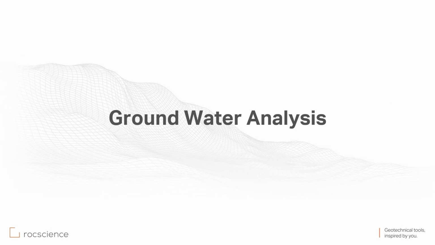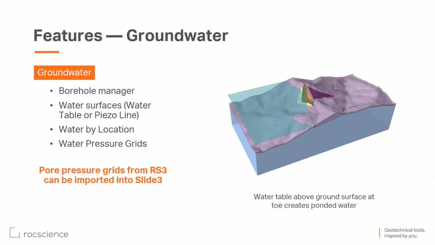Let's talk about the groundwater analysis in the Slide3 software. There are different methods of defining groundwater in the Slide3 software. If you want to define a water table, you can use the borehole manager. You can import any surface to assign it as your water table, or you can define your pore pressure using location or pressure grids.